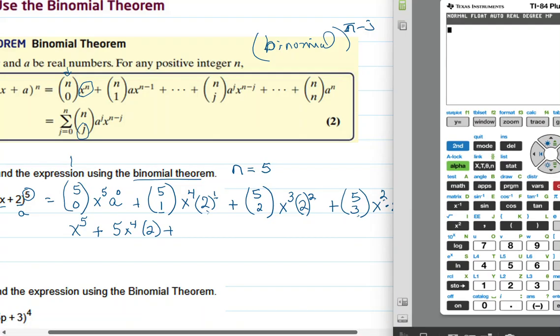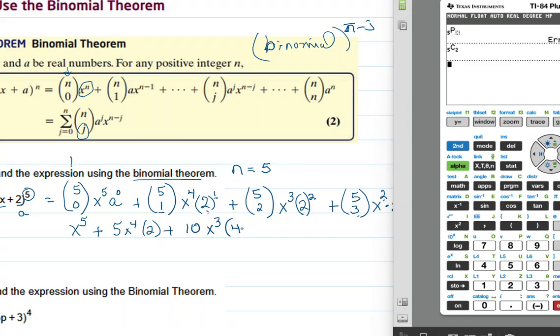And then on the second one, I'm going to take a shortcut, but this is okay. 5, math, PROB, and I'm going to do a 2. Oops, sorry. Let me clear that. Oh, I forgot to put the 2. No wonder. Okay. 5 went too fast. Sorry about that. And I'm going to enter my 2. Okay. And I'm going to get 10. So that guy is 10 x to the 3rd, and 2 squared is 4.